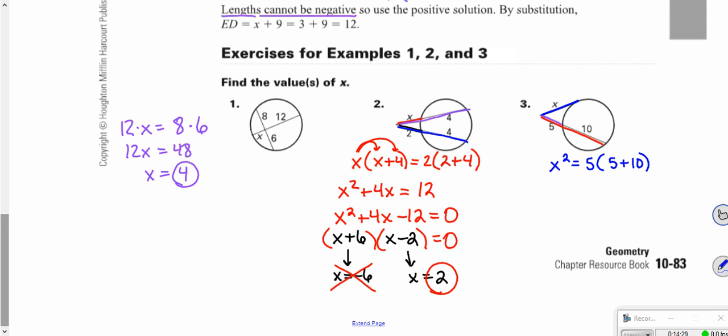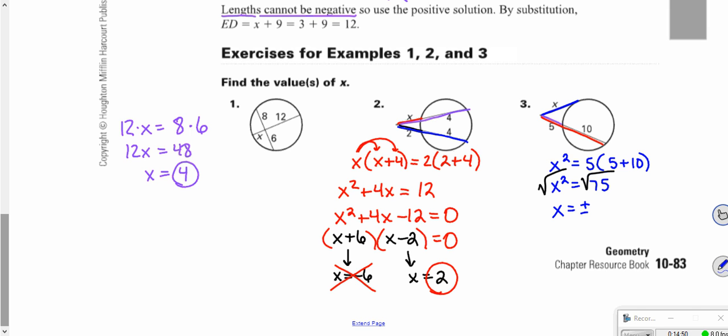So now we have x squared equals 5 times 15 is 75. Remember, when we have a perfect square equal a constant, we can take the square root of each side. Typically when we take the square root, this would give us a plus or minus, right?